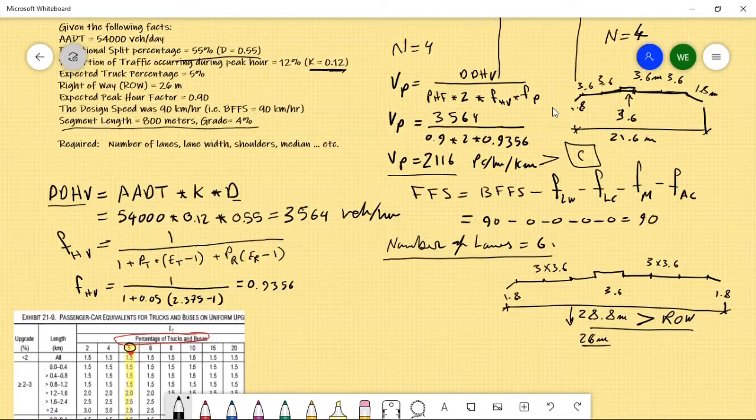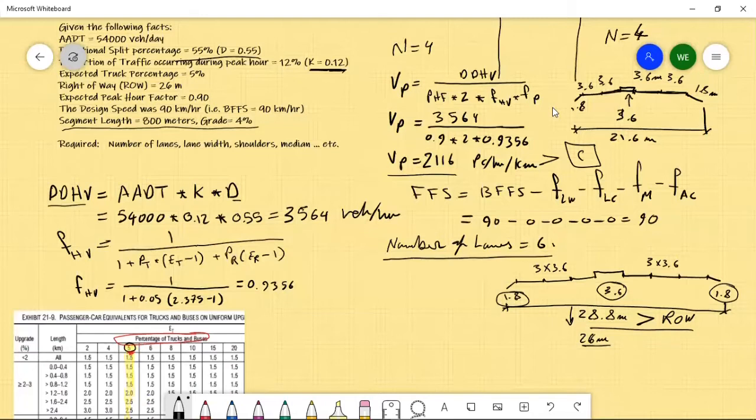So in this case, first of all, we try reducing the size of the median and the shoulders. The last item to reduce from is basically the lane width.